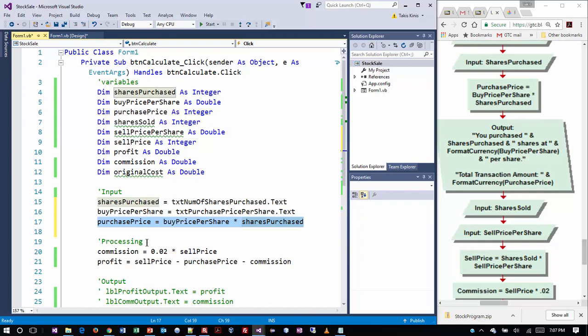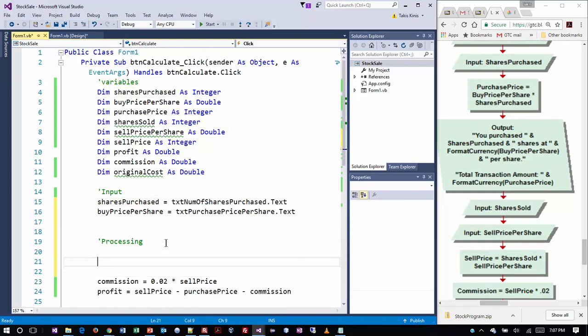But if I'm really writing a program, do I really need to do that? Not really. But if you want to try to keep it straight, you might want to label it somehow. So you can go ahead and actually take this, cut it, and put it in the processing area, just so you can see that as a big step, basically.